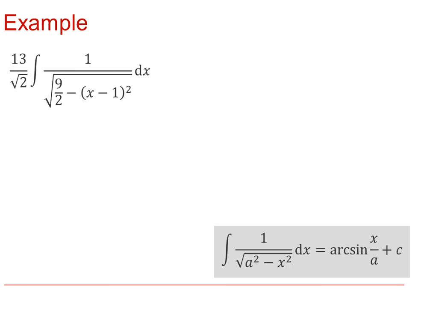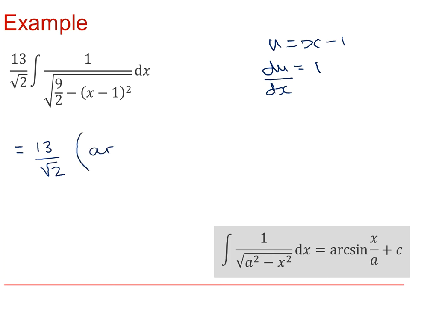Now I could use a substitution here with u equal to x minus 1, but I note that du by dx will just be 1. So actually, I'm not going to bother with that substitution. I'll just use the standard result, being really careful about the factors. So I know I'm going to have my 13 over root 2. And then I'm going to have arc sine.